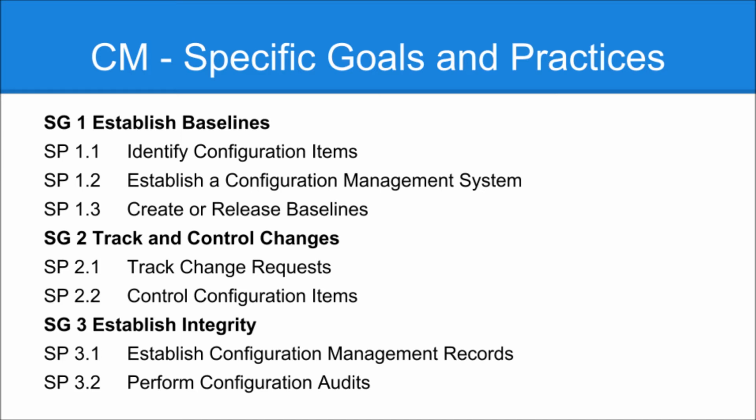The sub practices inside identifying configuration items are to select the configuration items and work products that compose them based on the documented criteria. मतलब आप कॉन्फ़िगरेशन आइटम सिलेक्ट करते हैं और वर्क प्रोडक्ट सिलेक्ट करते हैं जो कि आपकी बेसलाइंस को क्रिएट करते हैं, और once that is done you document those criteria.